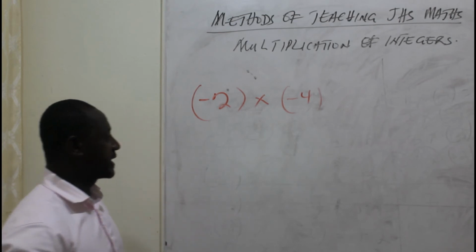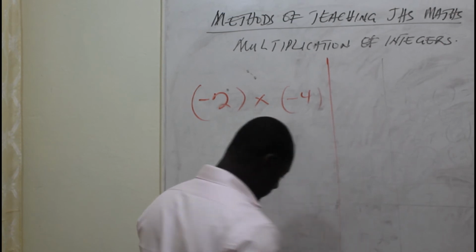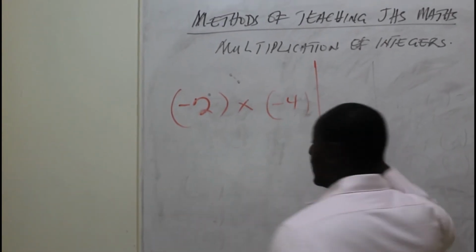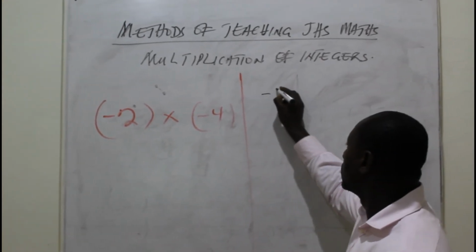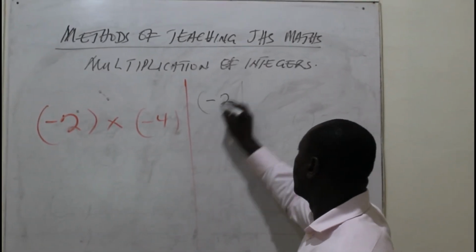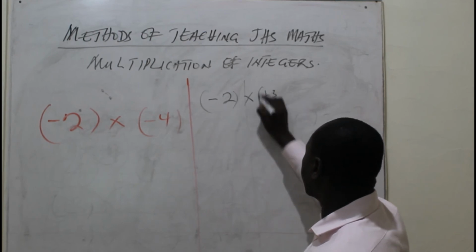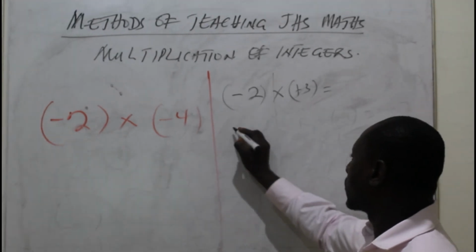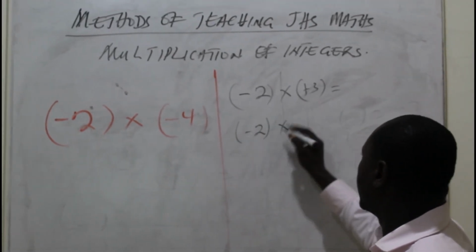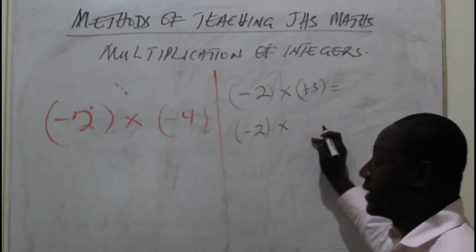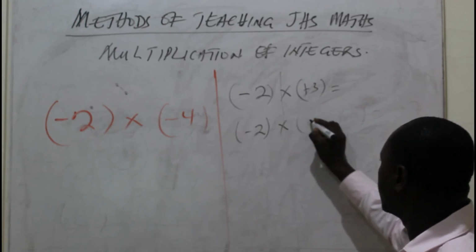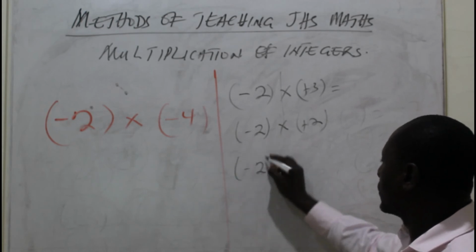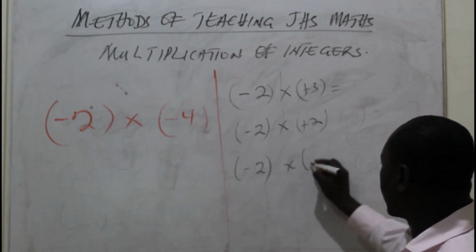And the pattern we can start from somewhere. Let's assume I want to start from negative 2 multiplying positive 3. Let me start from here. Then I'll maintain this one, negative 2. Then I'm going to reduce this number here. So I'm going to reduce this one to say 2. I'll maintain this one, and then reduce this one to positive 1.